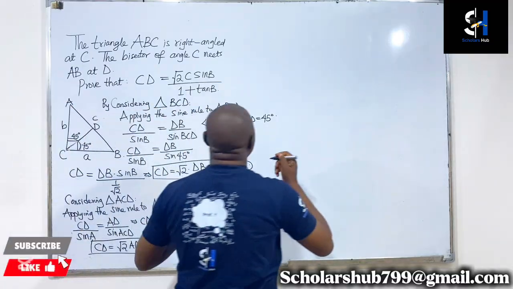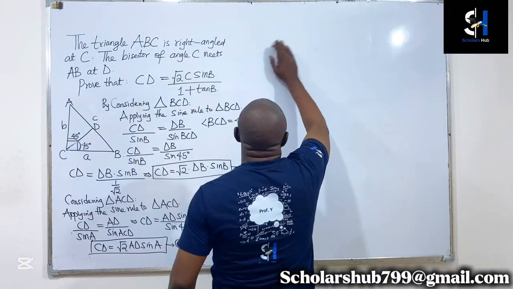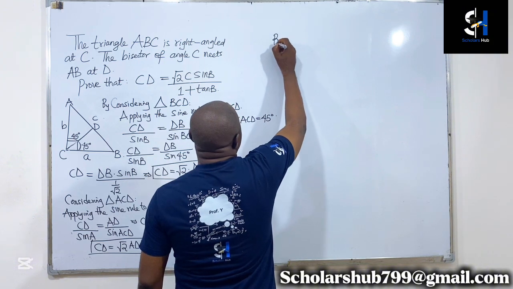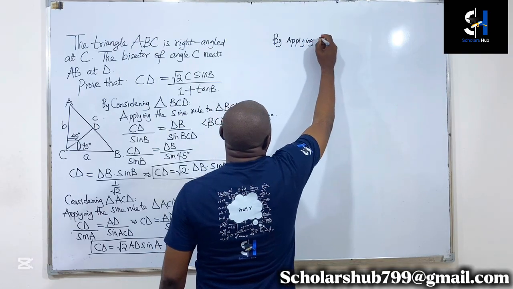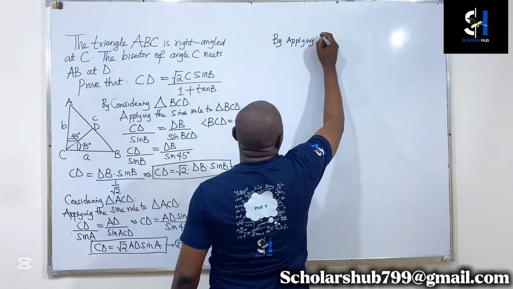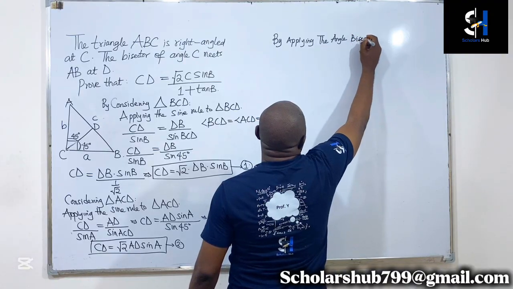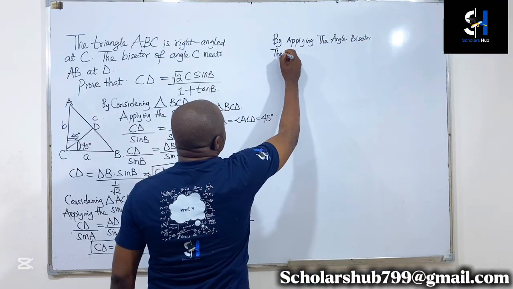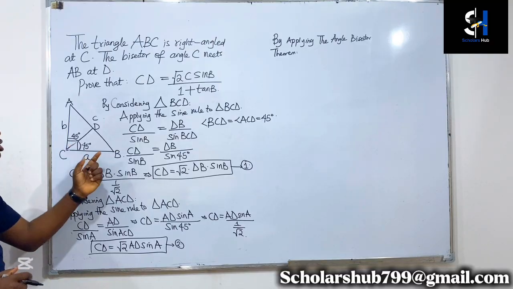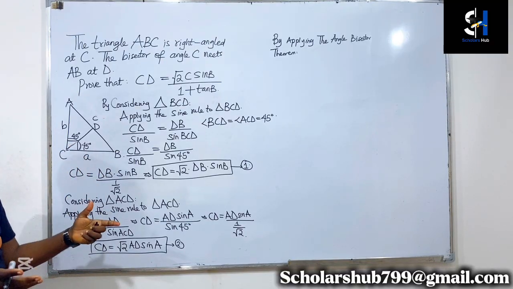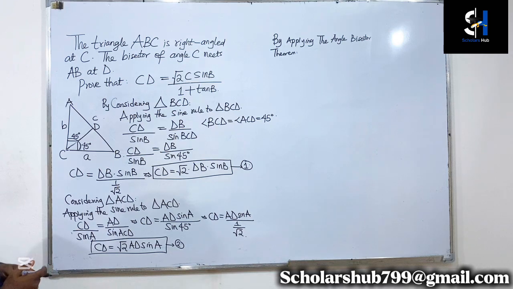So by applying the angle bisector theorem, which states, like I said, that the angle bisector divides the side of the triangle into two segments that are proportional to the other two sides.